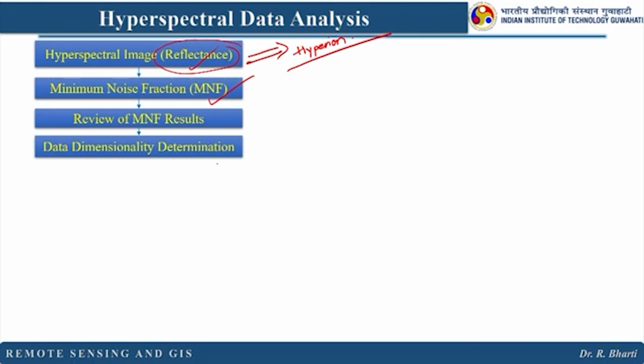So, by which you can always reduce the data dimension, right. So, maybe you might have captured 100 bands in hyperspectral data, but since they are actually having redundant information, what we did, we reduced the number of bands which had only unique information.